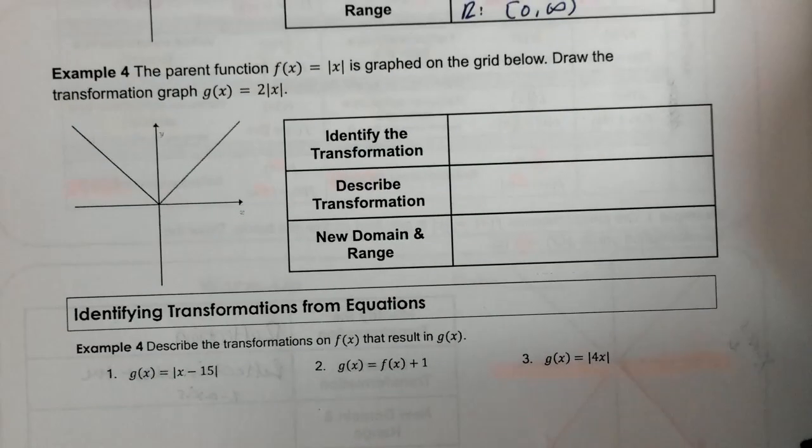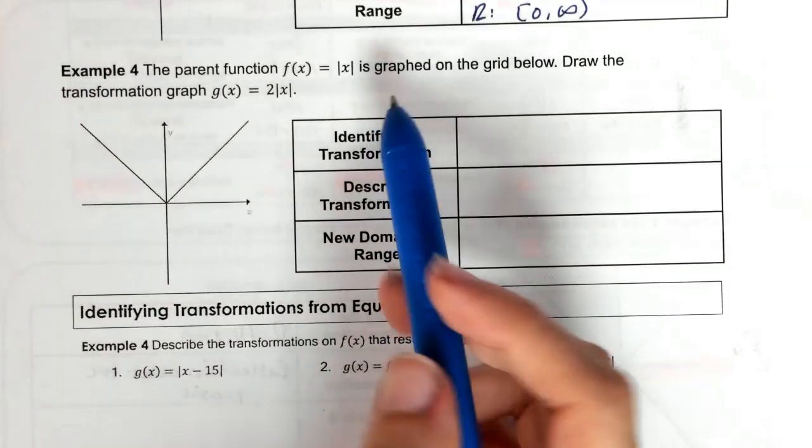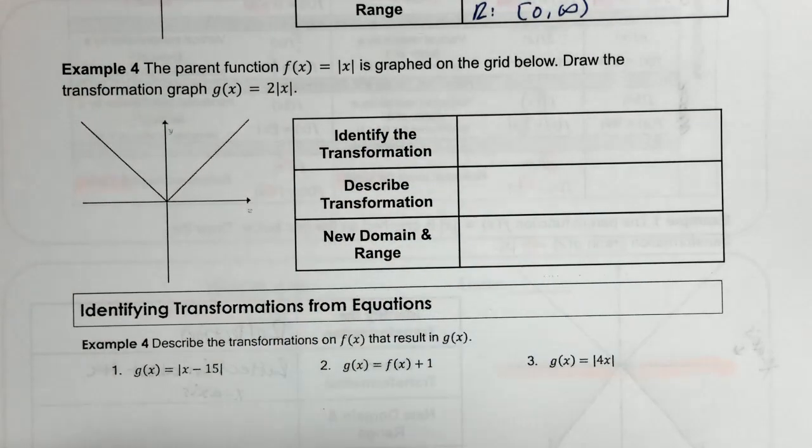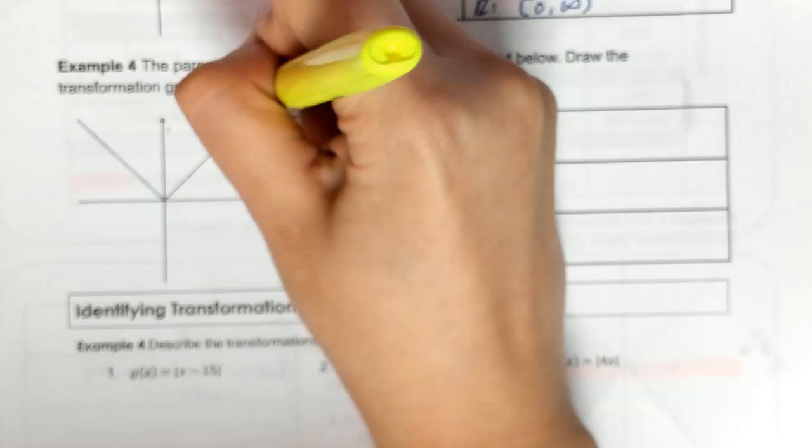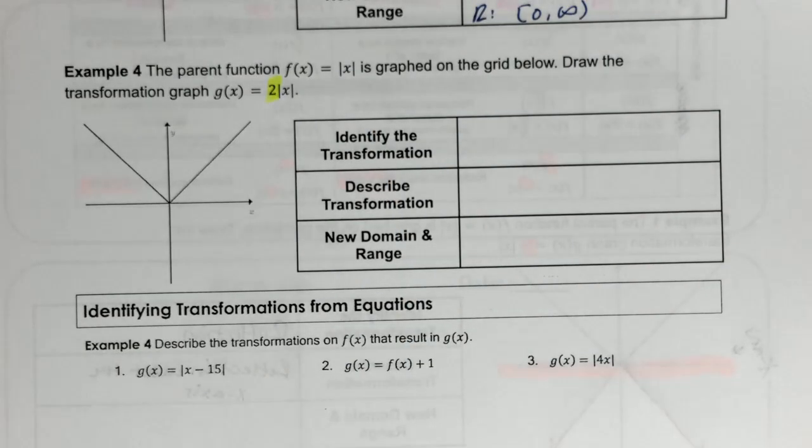Now I have my parent function here. We need to see what happened here, and in this case I can notice that, hey, I'm not adding or subtracting. I have a number in front of my x. Now this is a number in front of my x outside of the parentheses, so I know I have a vertical stretch or compression.